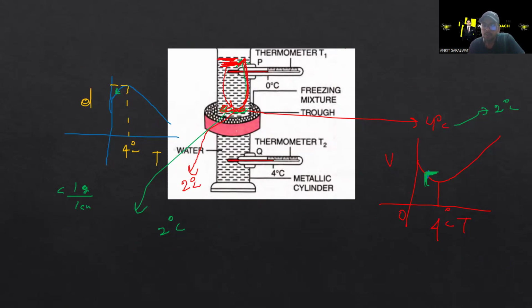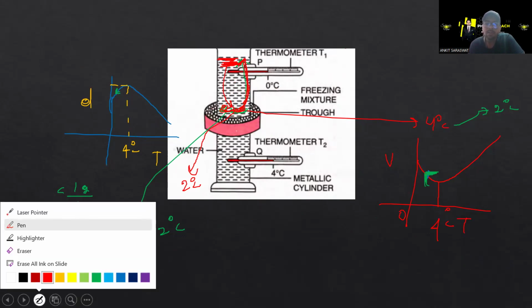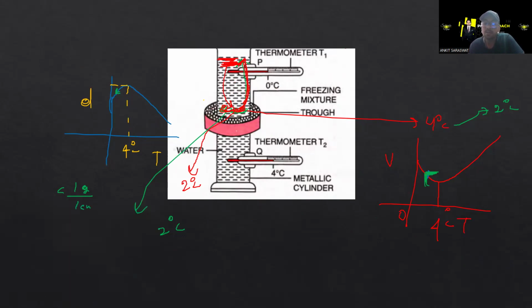So you decrease from 4 to 2 degrees Celsius, it is going up. After some time, let us suppose the entire water reaches 2 degrees Celsius, the upper portion of water reaches 2 degrees Celsius.